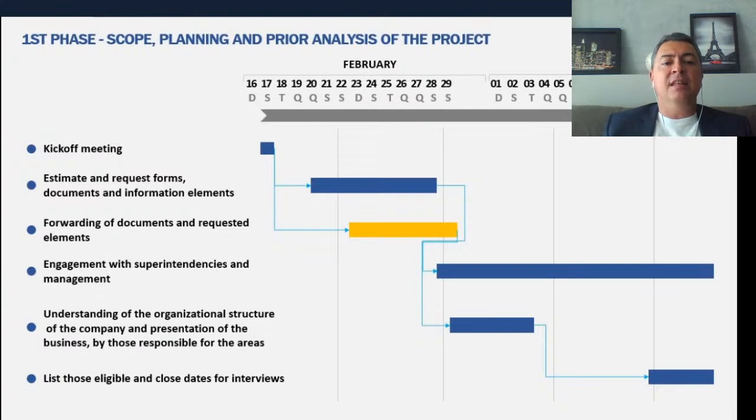So this is something that we need to do right away. We need to do the kickoff, decide what we want from this project, ask for all the documents, all the contracts, and right from the beginning, we need to set a date.